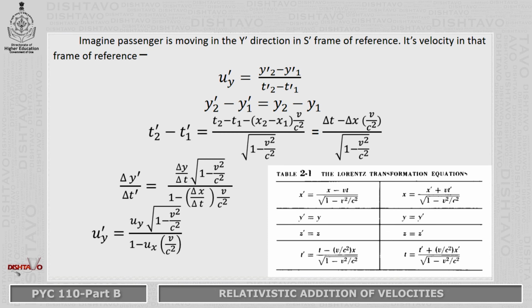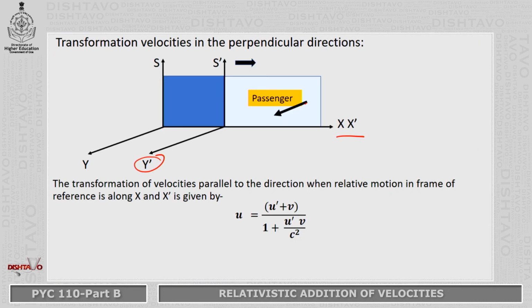For that purpose, you know that for any velocity I have to locate the object on the y axis at y2 prime and y1 prime, at times t2 prime and t1 prime respectively.